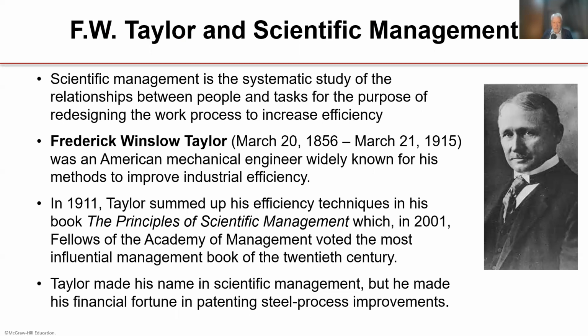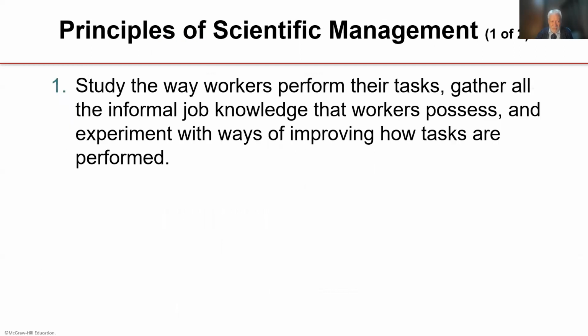And 20 years ago or thereabouts, it was voted the most influential management book of the 20th century, probably by an American chapter of the Fellows of the Academy of Management. Nevertheless, this guy was someone who made a lot of money producing steel stuff, and he also told us how to make businesses work better.